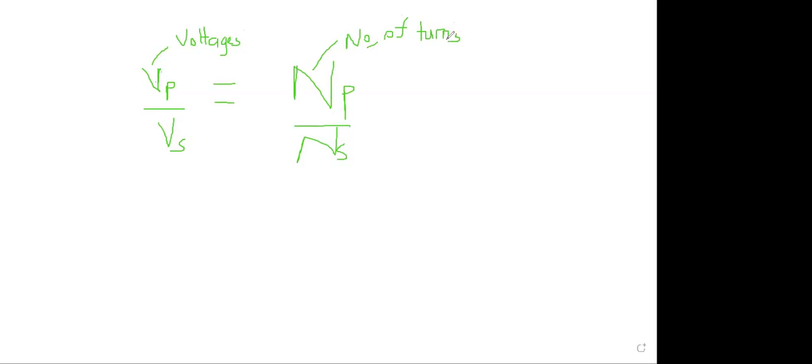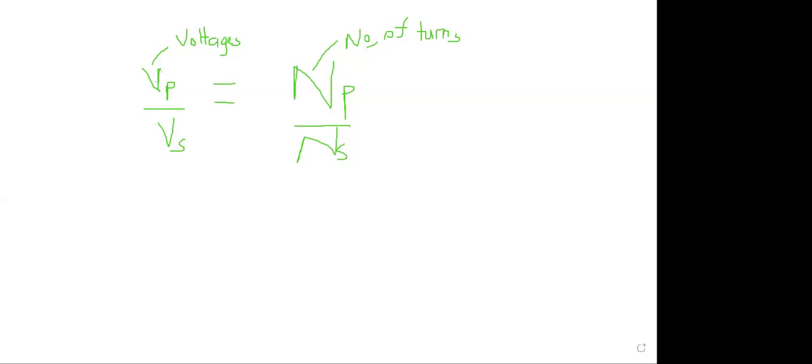So that means that if I'm given the number of turns for both coils and one of the voltages, I can really get the other from that expression. That expression is called the transformer equation. It can help us calculate any of those things that are missing.